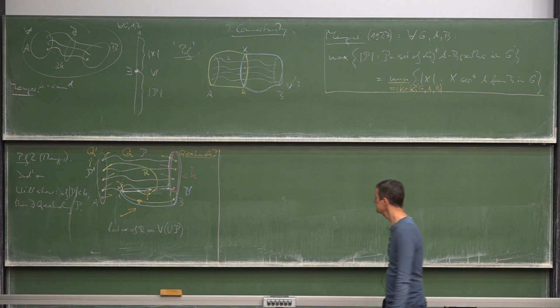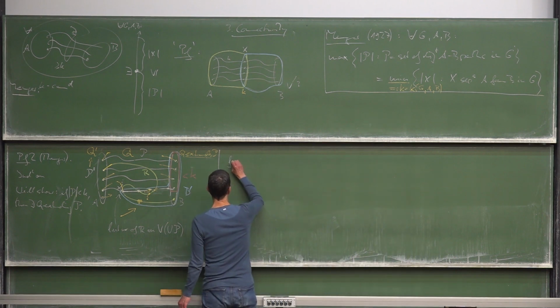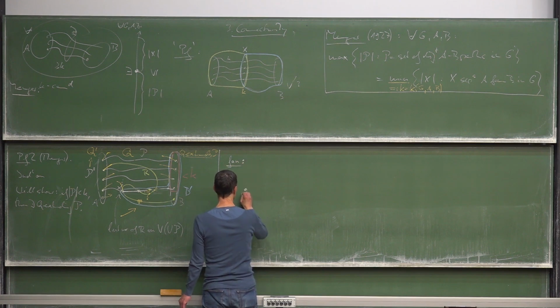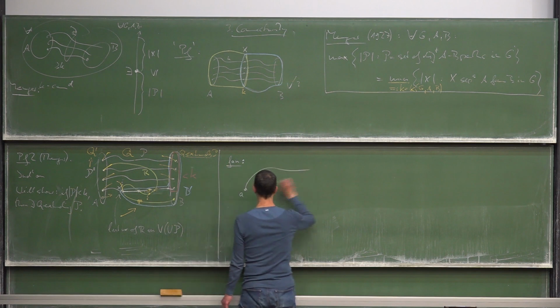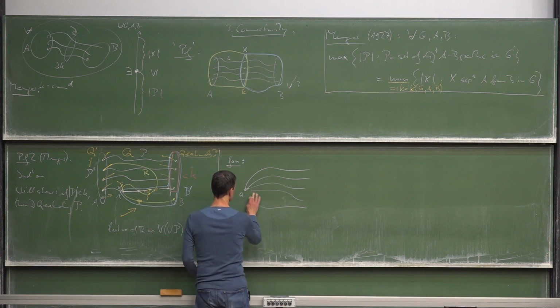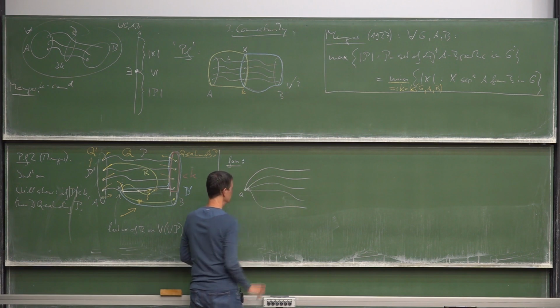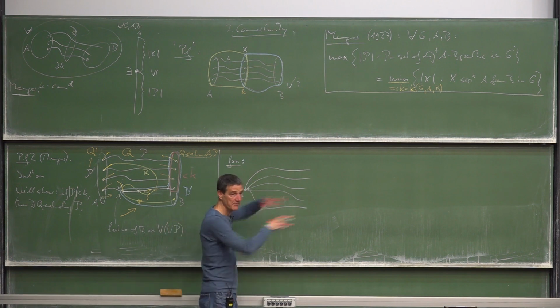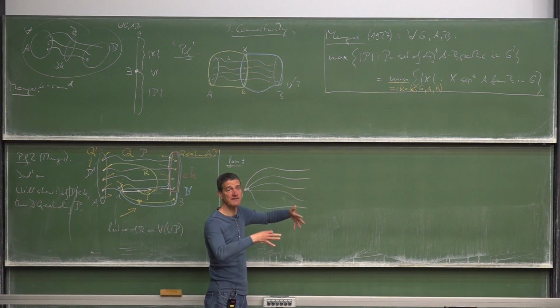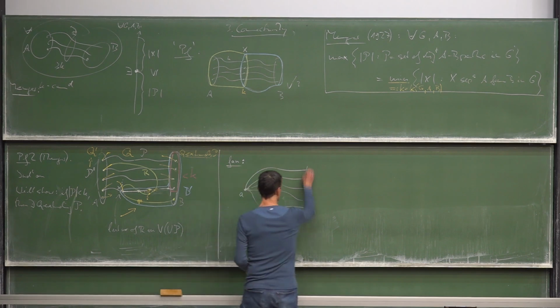Okay, so corollaries. A fan is a set of paths that all start at one vertex and are otherwise disjoint. It's a subdivided star. That's called a fan, right?